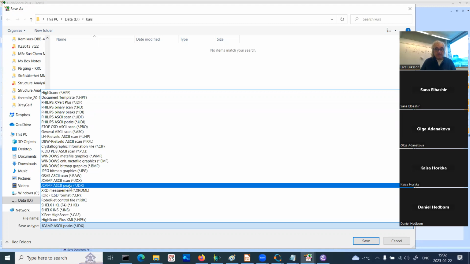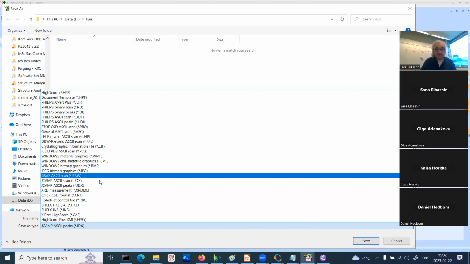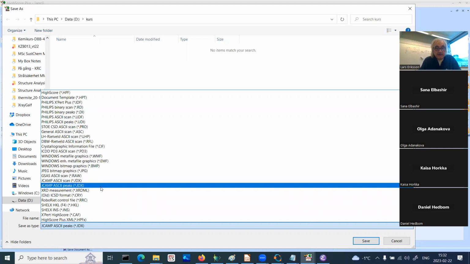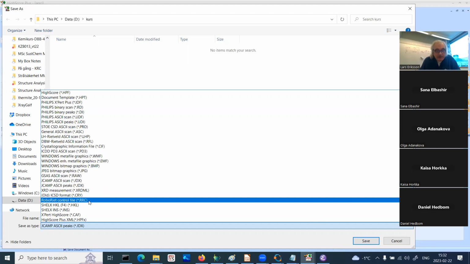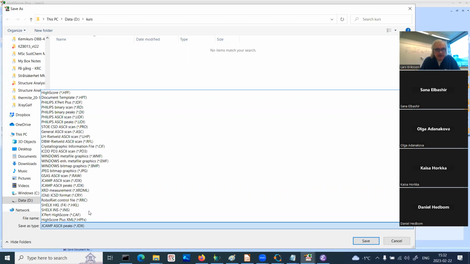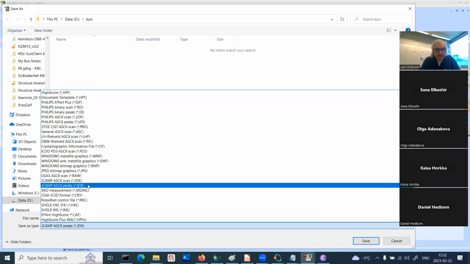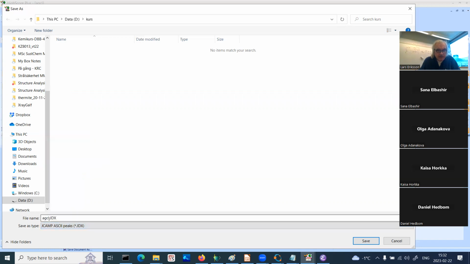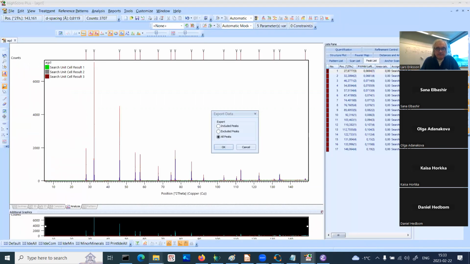We like text files and such things that we can understand what it is. For example, JCAMP ASCII peaks. But the Shellex files is perhaps not of interest because we haven't any information on those. JCAMP ASCII peaks, that is, if we then save agcl.gdx, we will see what it will contain.